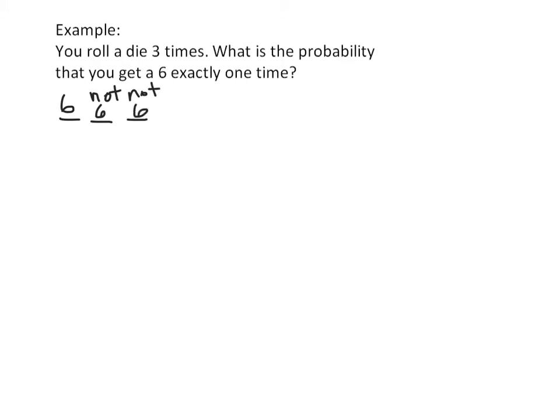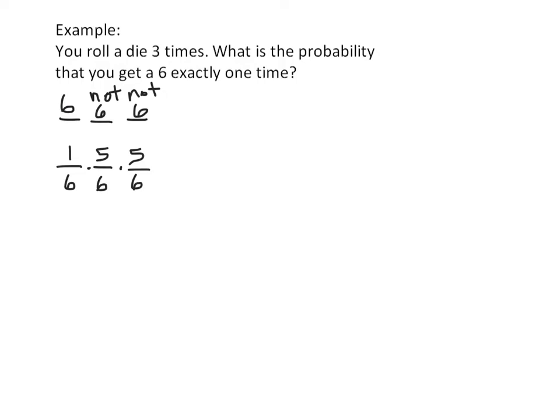What is the probability that in our first roll we get a 6? There's 1 six on a die out of 6. What's the probability that on my second roll I get not a 6? That's a 1, 2, 3, 4, or 5, so 5 out of 6. And not a 6 again would be 5 out of 6 again.